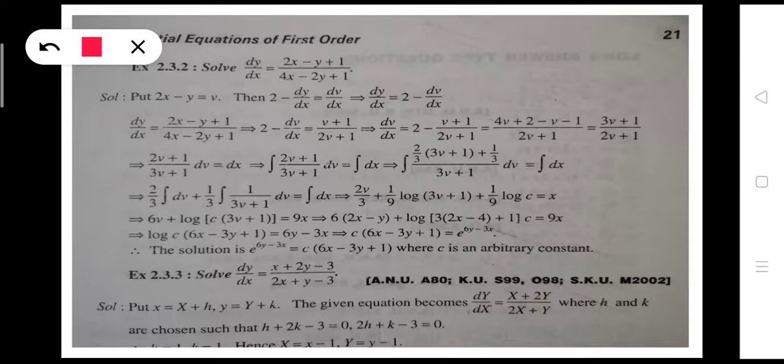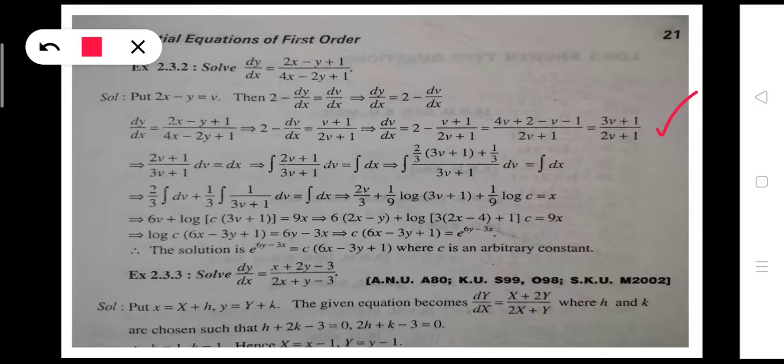This becomes 2 - dv by dx is equal to (v + 1) by (2v + 1). Now simplifying, dv by dx is equal to 2 - (v + 1) by (2v + 1). Taking the LCM, (4v + 2 - v - 1) by (2v + 1), which gives (3v + 1) by (2v + 1).